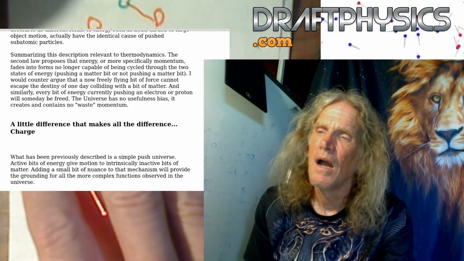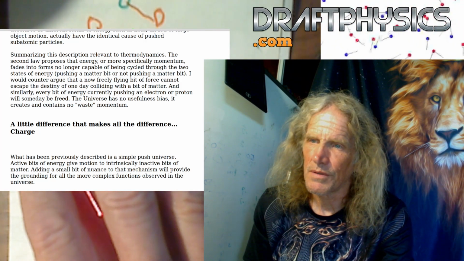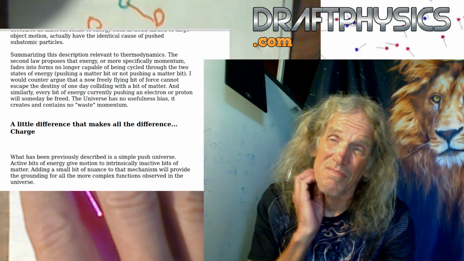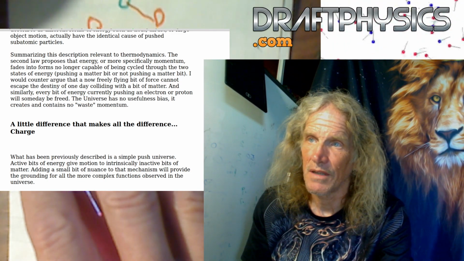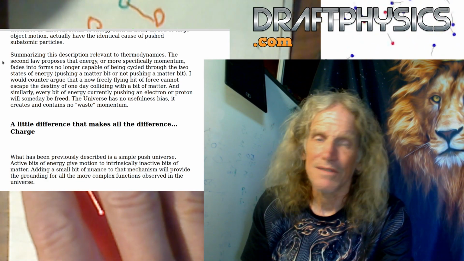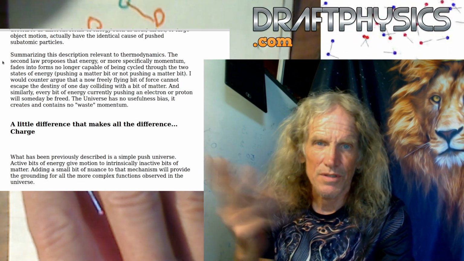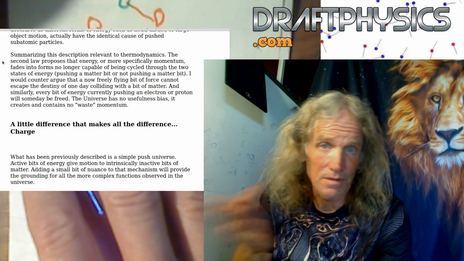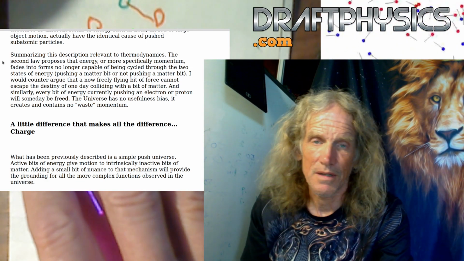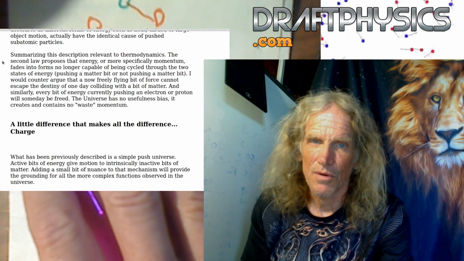Should be back. Alright, so I don't know whether this paragraph was written before I finished the last time I did this kind of a video, but anyway, this is where I'm explaining just the idea that force just comes in two forms. There's force freely flying in the universe, and there's force that's pushing a piece of an electron or proton, and that's where all the energy is.